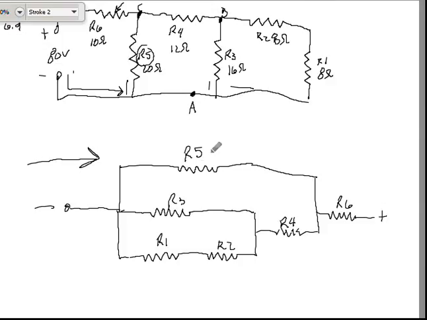And you'll see, once again, if we look at our joints, there's point A, here's point B, and here's point C.